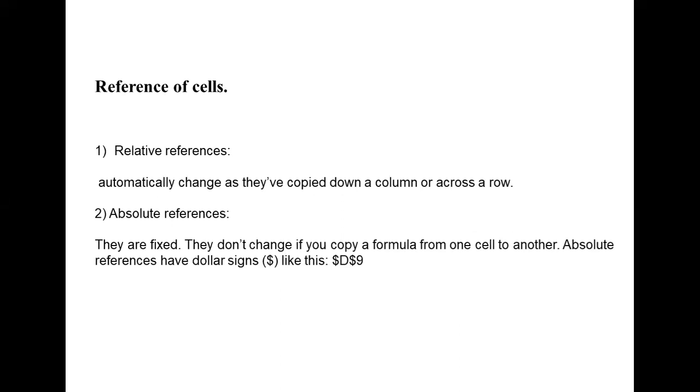One is a relative reference, which automatically changes as you copy across the rows or down the columns. That is called a relative reference. Absolute references are when you make your references fixed, meaning they do not change when you copy a formula. For example, you will have a dollar sign attached to the row as well as the column. That is called an absolute reference.